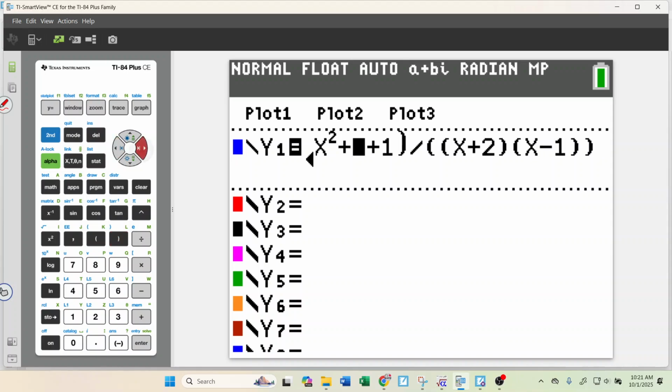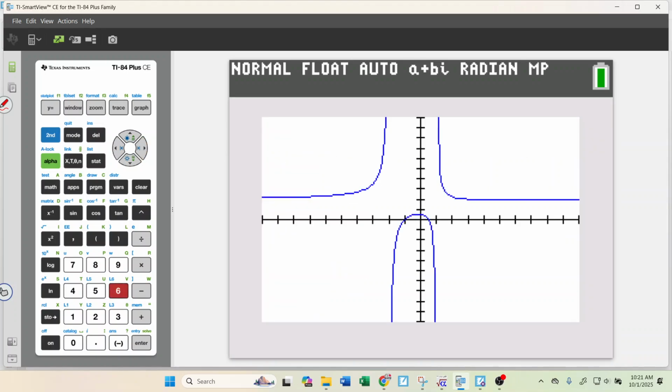So as you approach 1, from the right it went to positive, from the left it went to negative. At negative 2, from the left it went to positive, from the right it went to negative.